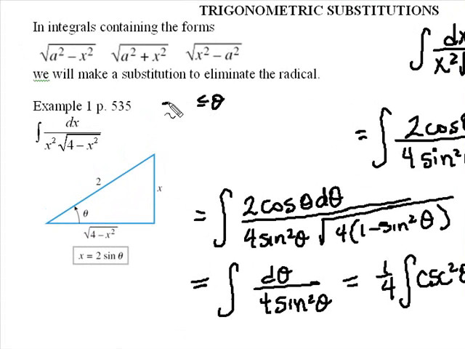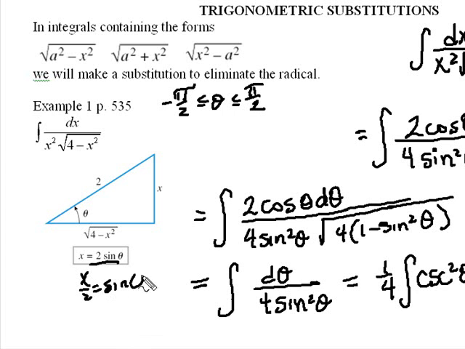Now, one reason that we're doing this is if we wanted to solve for theta in this equation, we would have to say that x over 2 equals sine of theta, and theta is equal to the inverse sine of x over 2. And so we want theta to be in the range of the inverse sine function.